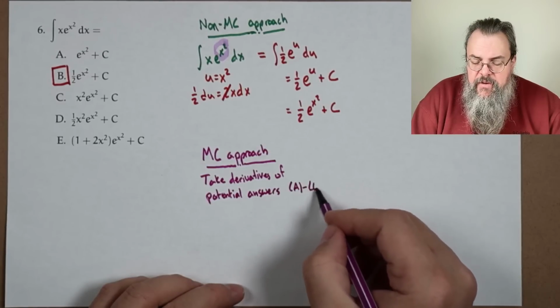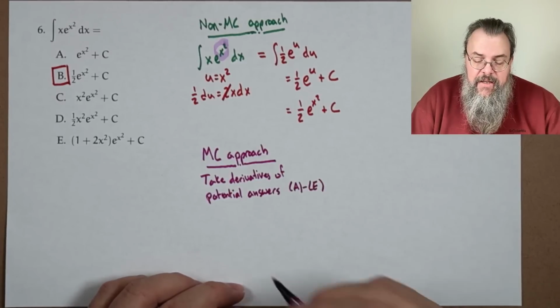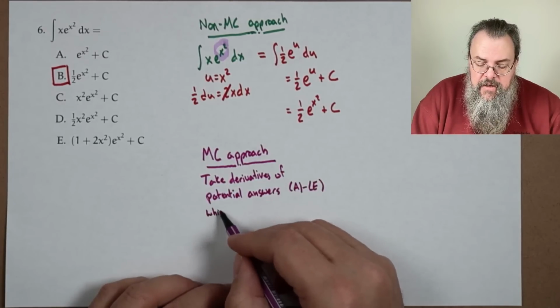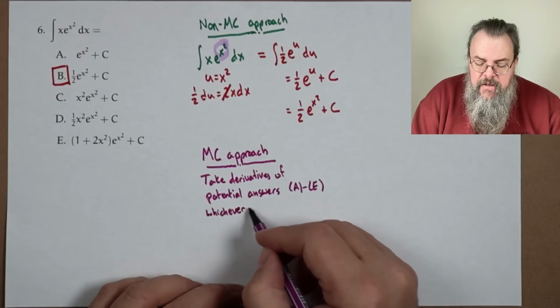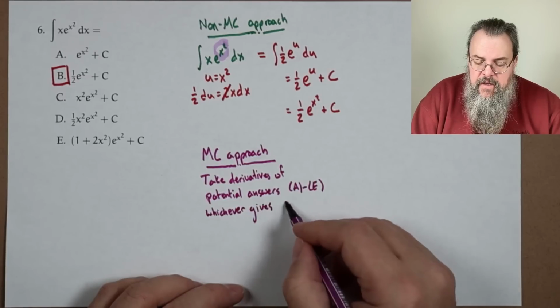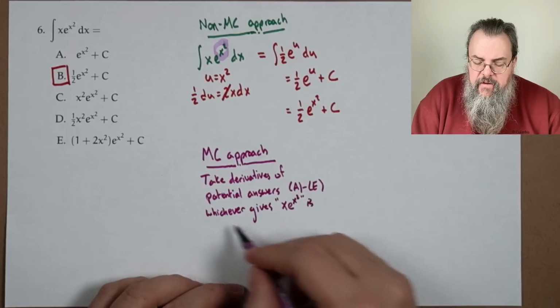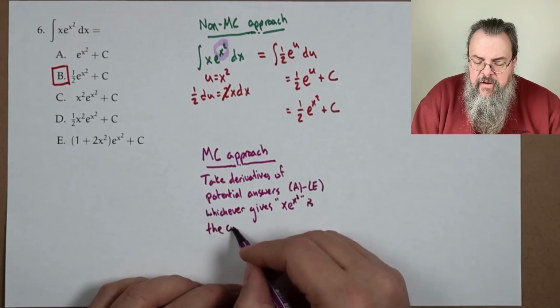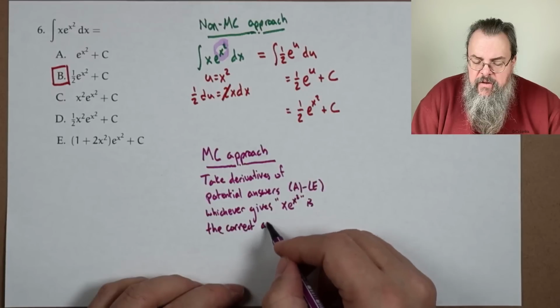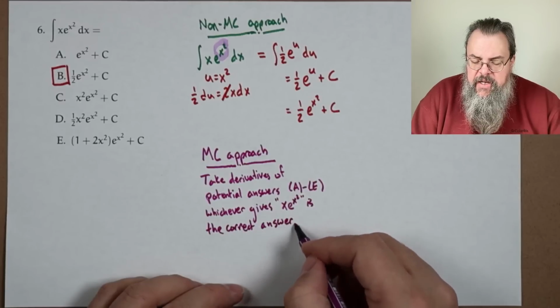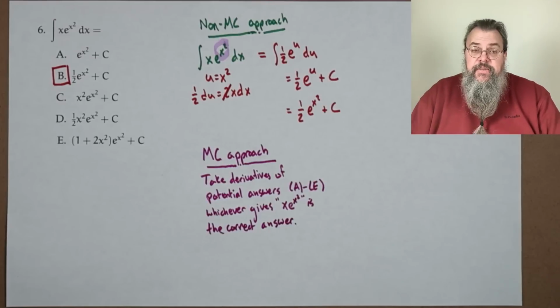Now, sometimes you can reverse engineer, sometimes you can't. So whichever gives x e to the x squared is the correct choice. So this is the, hey, I'm not great at taking antiderivatives, but I'm great at taking derivatives approach.